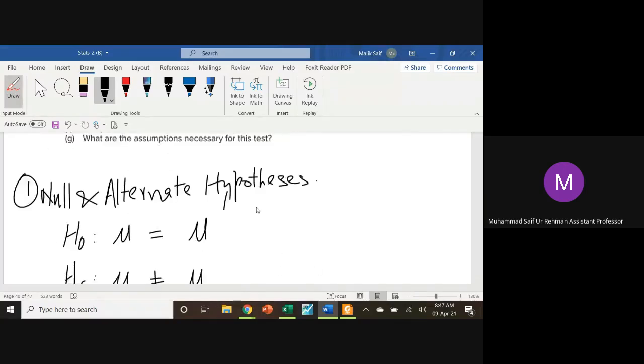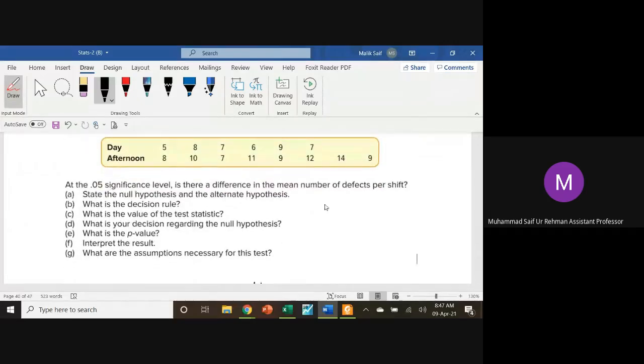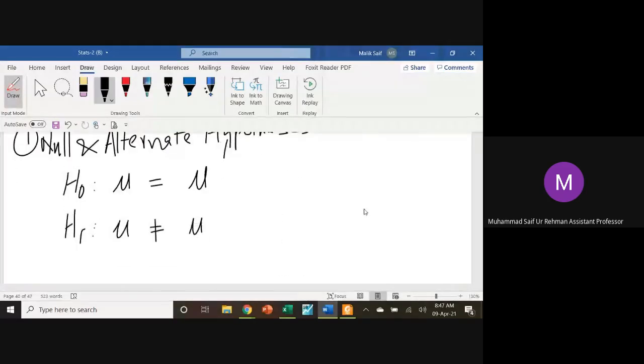Now, to discriminate the day shift from the afternoon shift, you may give subscripts to mu's. So you may write down here mu a, and here this was the afternoon shift, or if you want to write it down as day shift, no problem, mu d, this is day shift, and mu a afternoon shift.